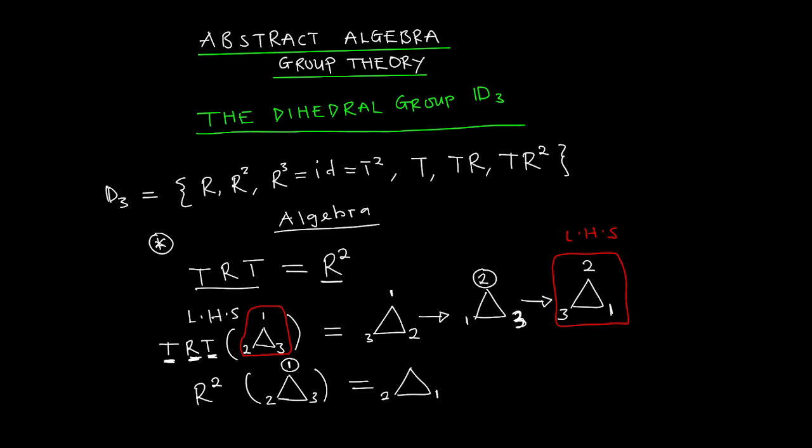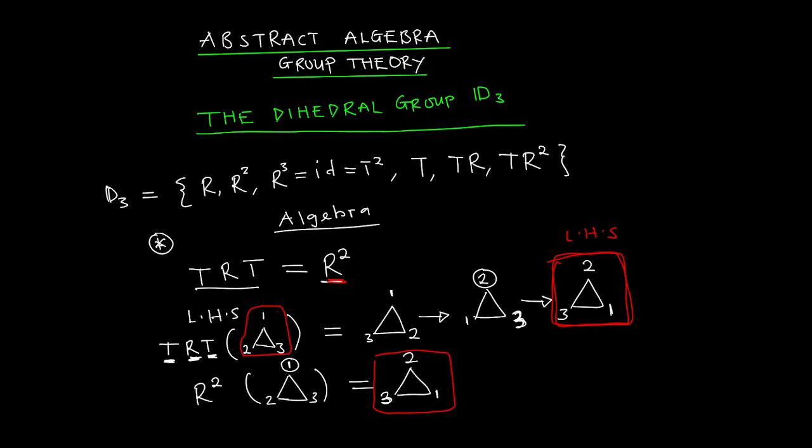And then 2 would move up there. Can you see that these two triangles look exactly the same? Yes, they do. So T composed with R composed with T is equal to R squared. Closure property is satisfied.